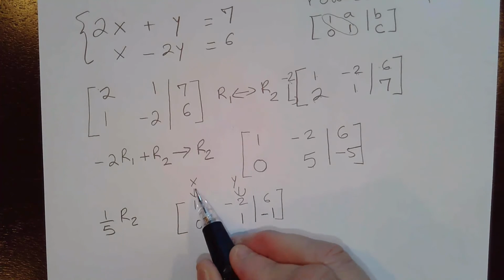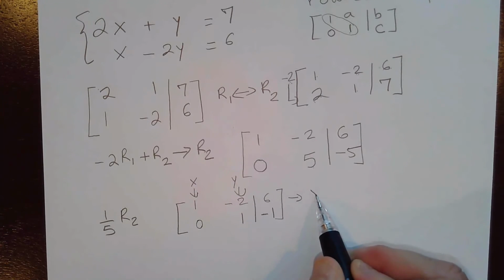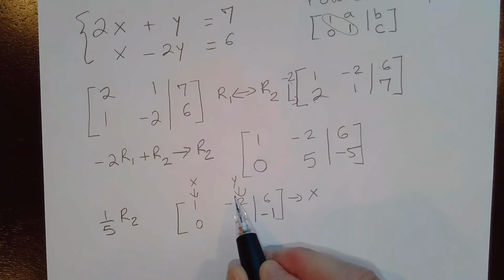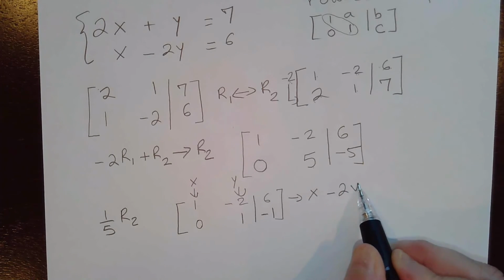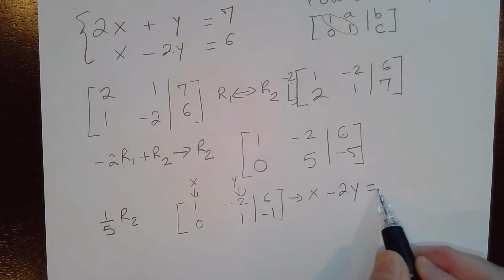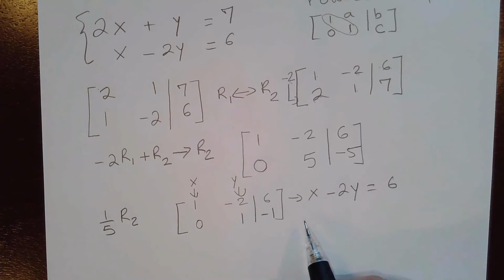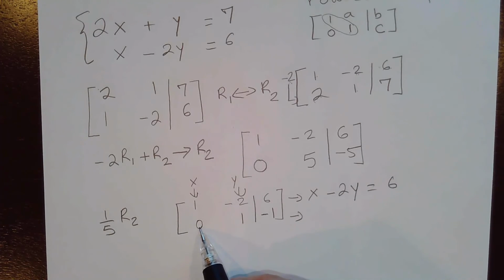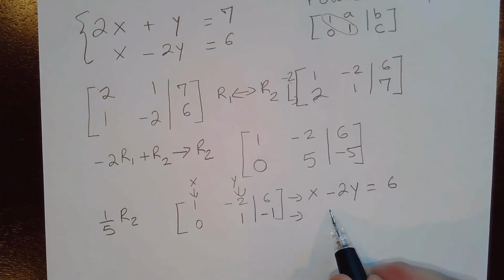So we have 1x, or simply x, minus 2y equals 6. The second row here, we have 0x, so you can ignore that, plus 1y, or just y, equals negative 1.